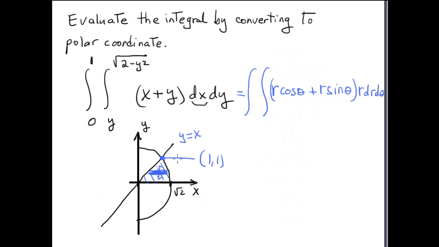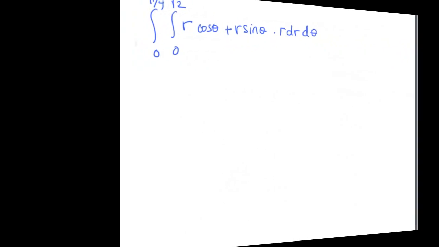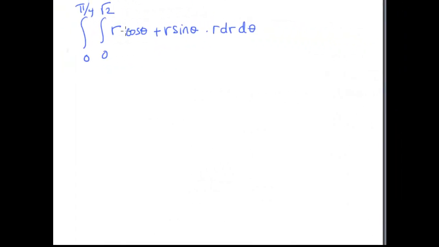And the limits. In this region, r goes from 0 to radical 2, and theta goes from 0 to pi over 4, because this is 1 over 1. Ready. Let's compute it now by hand. Well, in this case, you can multiply. r times r is r squared.